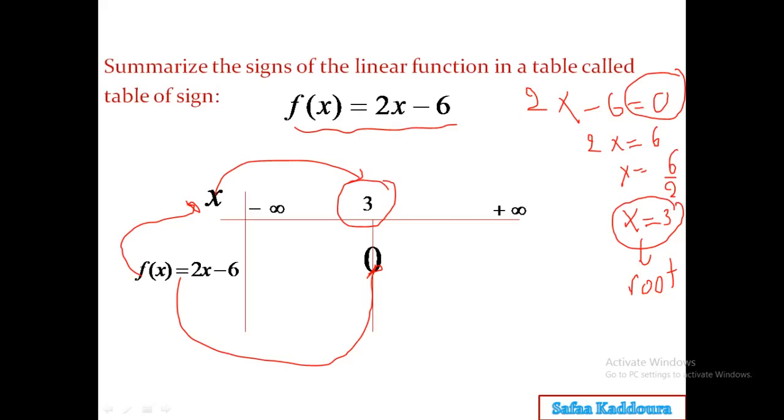You notice that f of x is negative, then we have 0 at x equal 3, then positive. So before 3, the values of f of x were negative. After the value of x equal 3, f of x has positive value. Okay?